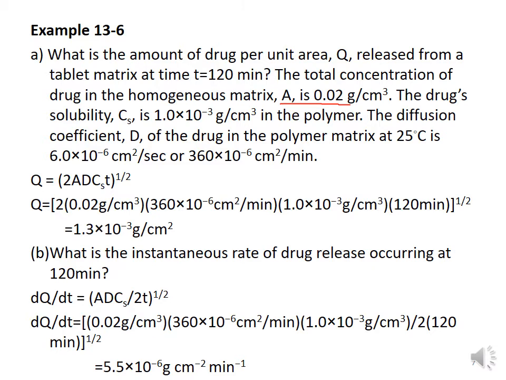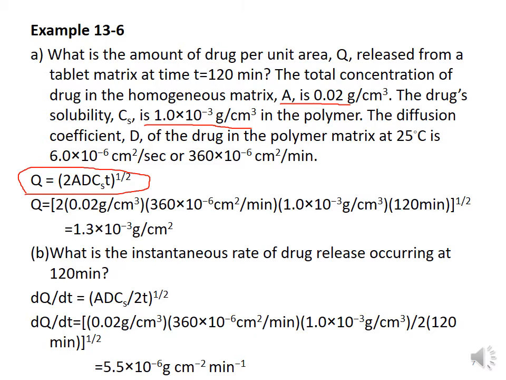The drug solubility Cs is given, and it is 1 × 10 to the power minus 3 grams per ml. The diffusion coefficient is also given in the question, and it equals 6 × 10 to the power minus 6 centimeters square per second. In Higuchi's model, Q equals the square root of 2ADCs t.